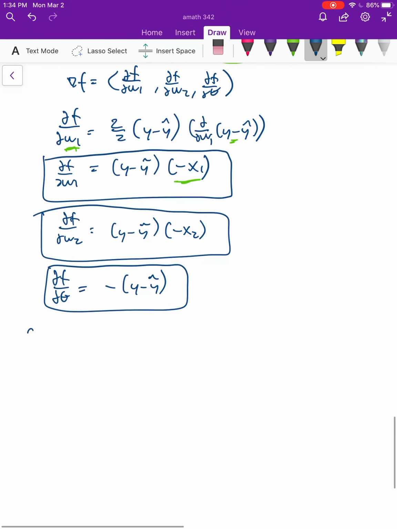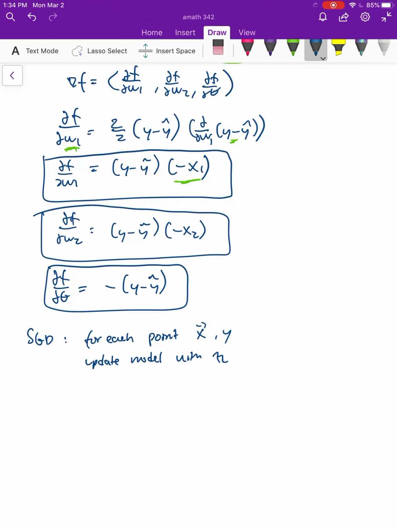What does this mean? As SGD says, for each data point where you have an x vector and a label y, update the model with eta times the negative of the gradient.